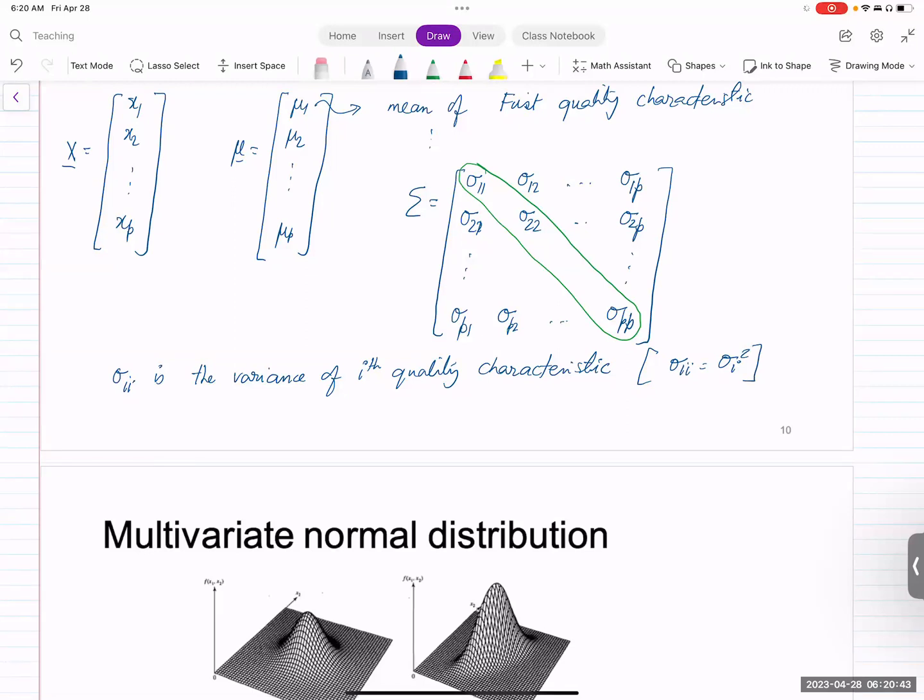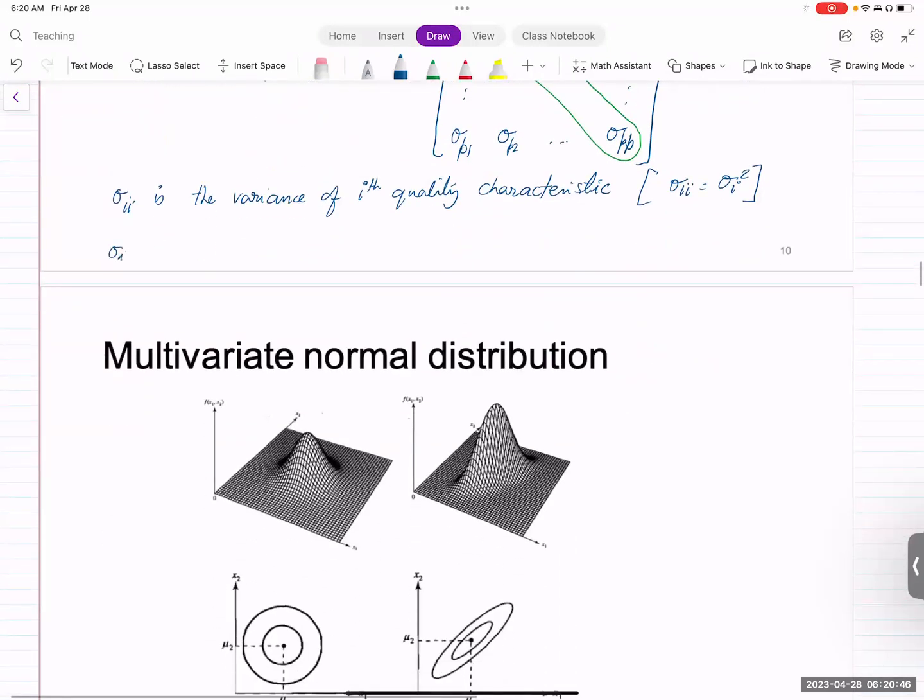Okay, good. Now you have sigma ij, which is equal to the covariance between the ith and jth quality characteristic.